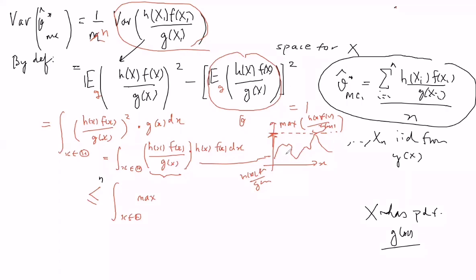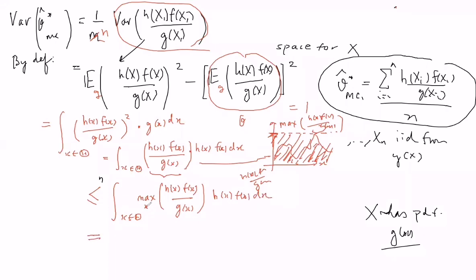Okay. That means this integral, you're finding the area under this curve, right? It's definitely bounded by the area under the entire rectangle here, bounded by the max. Okay. So it's actually not a very hard idea. It's a simple one. So you have the max of this, over x, times h(x) f(x) dx, okay?